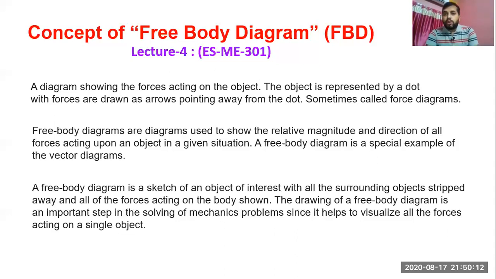So a mass body is now assumed to be converted to a point body. A point has no dimension. So we assume that all the mass in the actual body is concentrated on a single point. That's why it is a point body or dot.